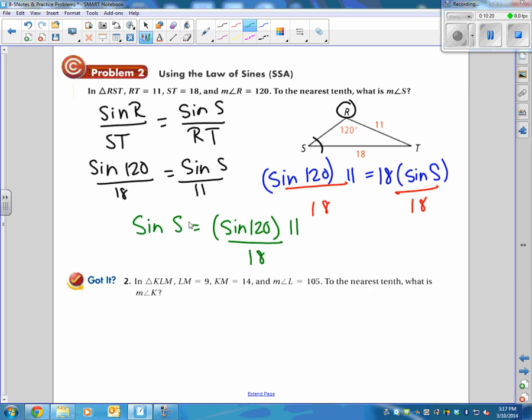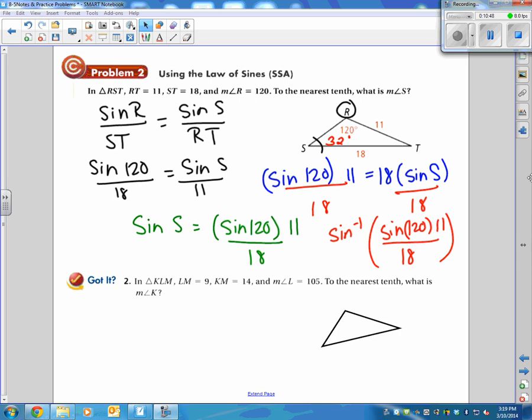If you remember, when we're looking for a missing angle, we use the inverse sine. So in my calculator, I will enter the inverse sine of sine 120 times 11 over 18, and when you plug that in, you get about 32 degrees for that one.